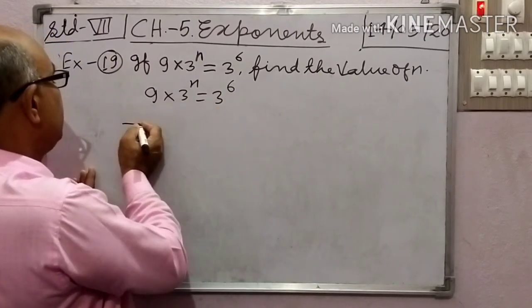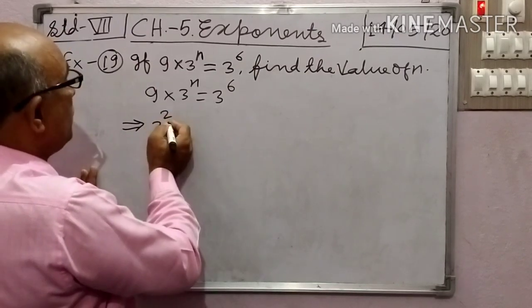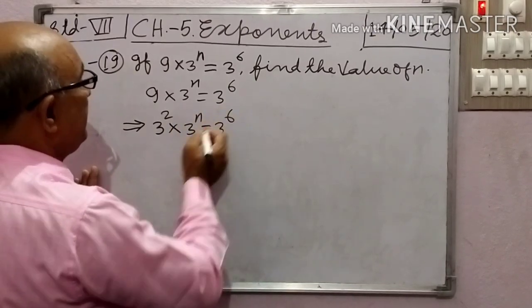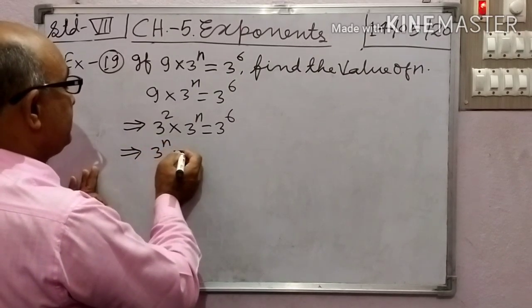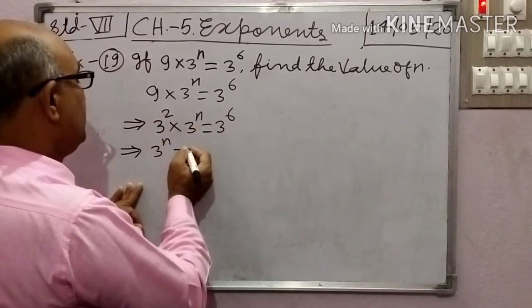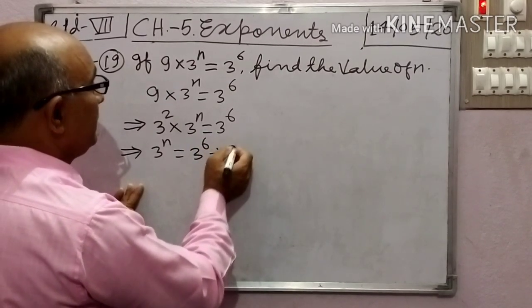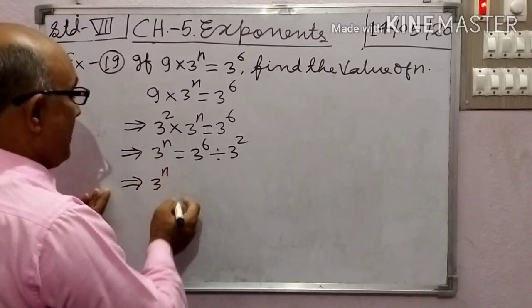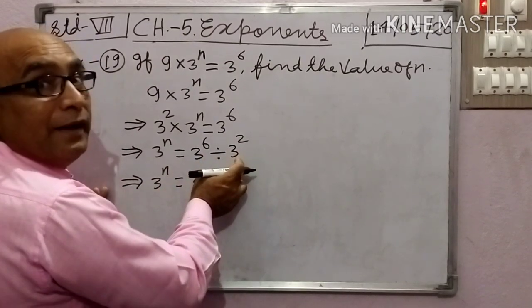That implies 9 equals 3 to the power 2, so 3 to the power 2 into 3 to the power n equals 3 to the power 6. 3 to the power 2 by transposition change into divide: 3 to the power n equals 3 to the power 6 divided by 3 to the power 2.